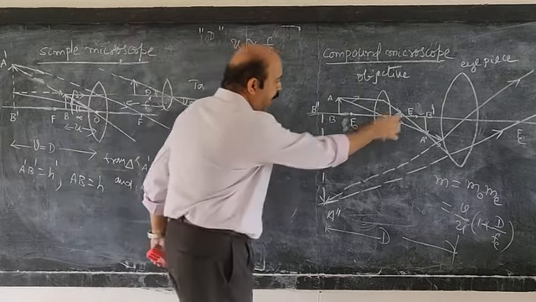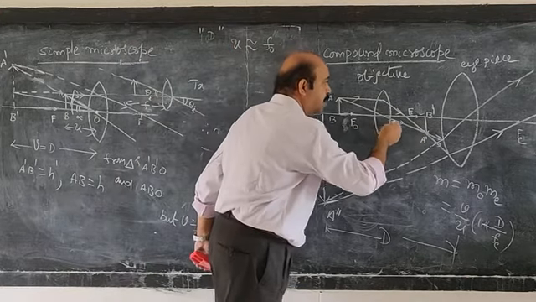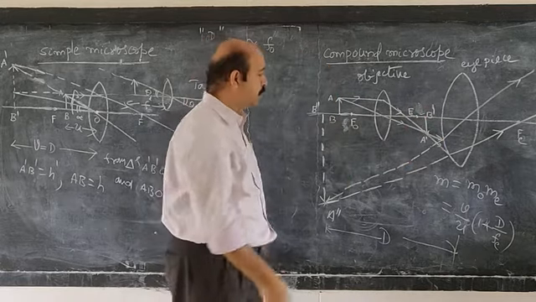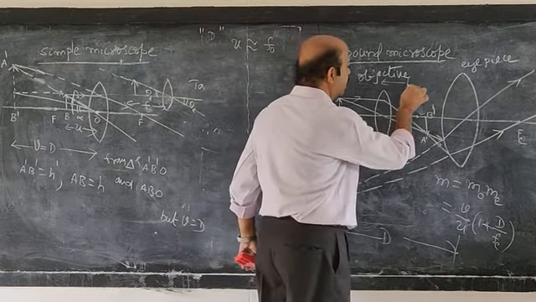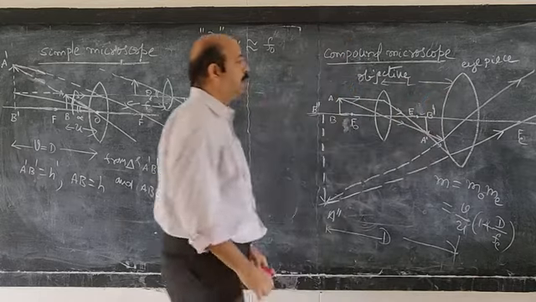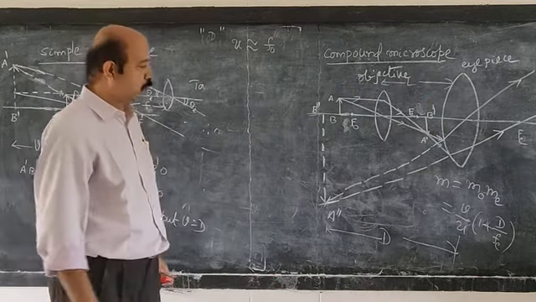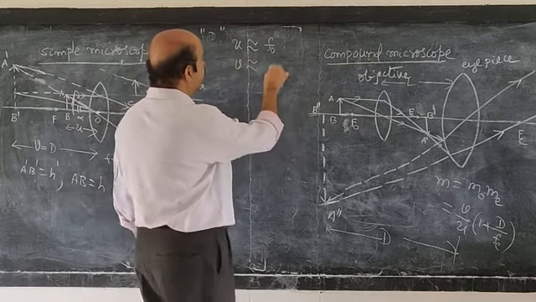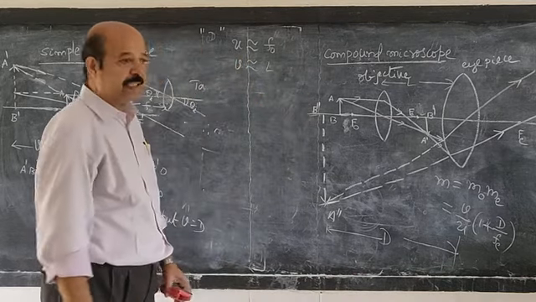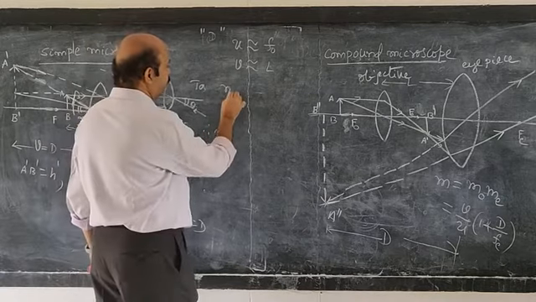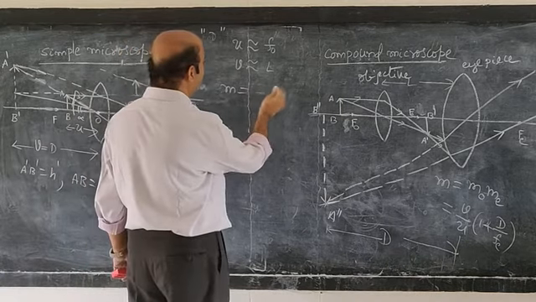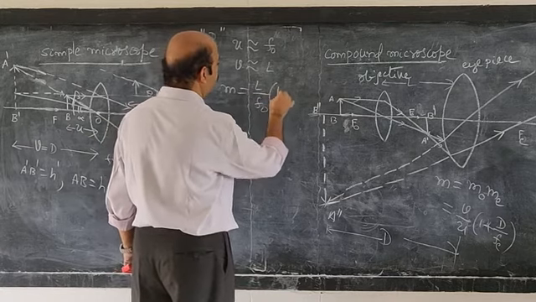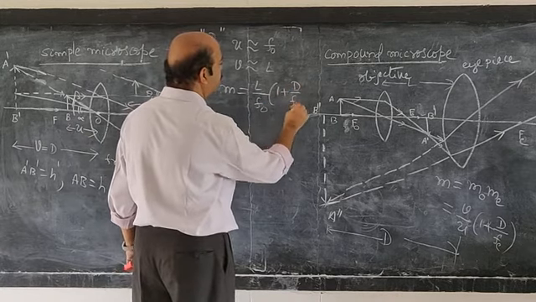And the image A dash B dash is very near to the eyepiece lens. So this distance is called the length of the microscope. Therefore, that V is really equal to the distance between the lenses. Take it as L. In such case, the resultant magnification is written as L by F objective into 1 plus D by F eyepiece.